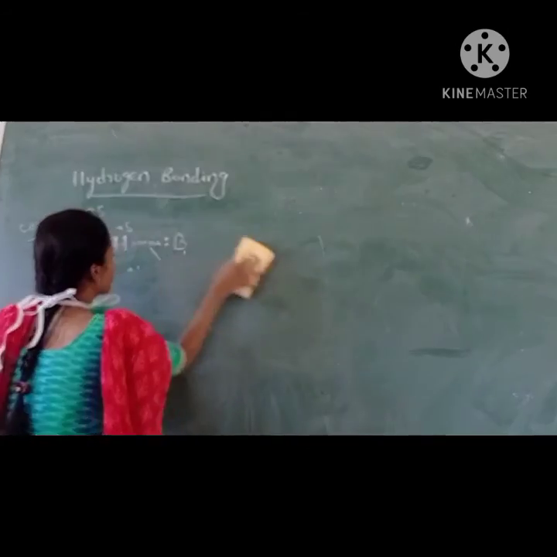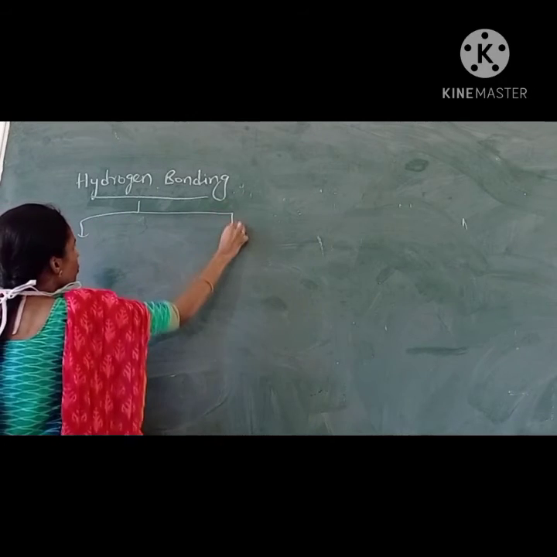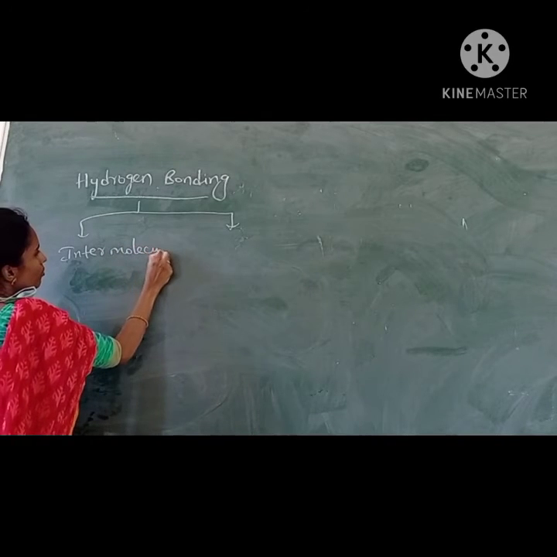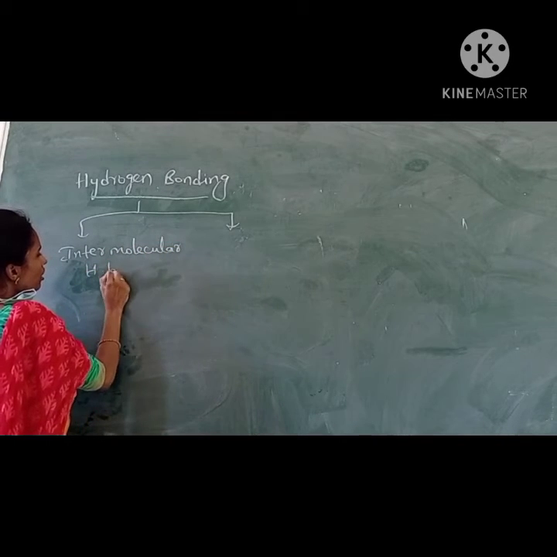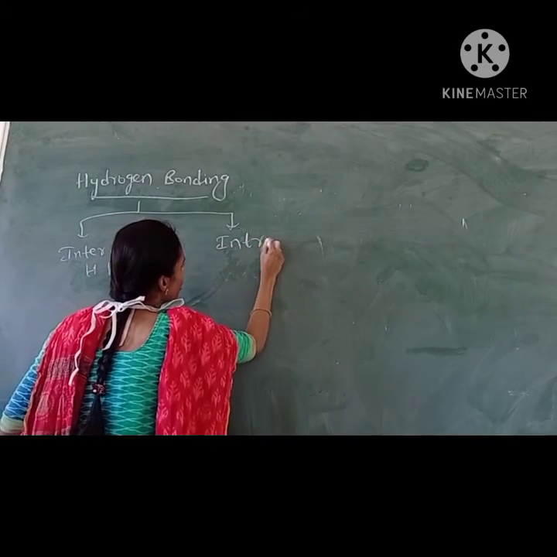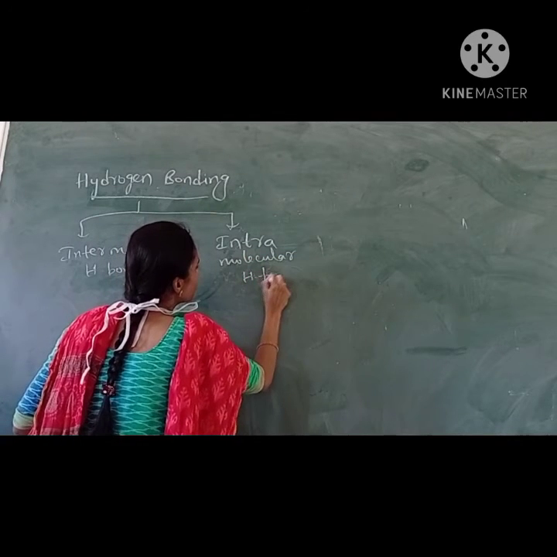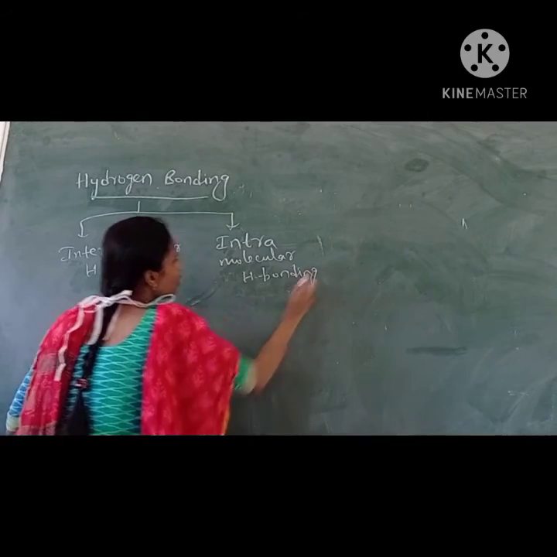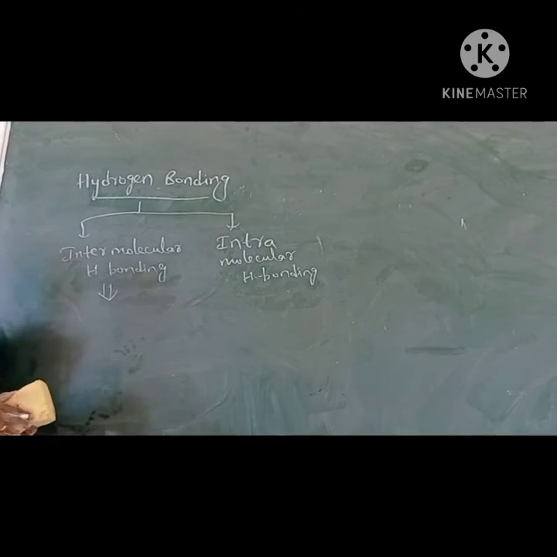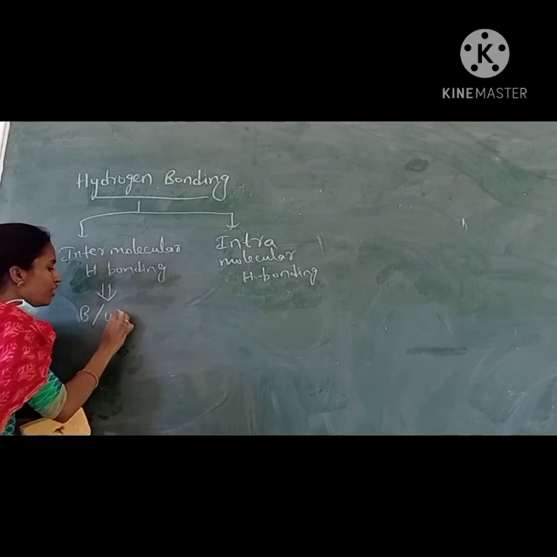Next, types of hydrogen bonding. Hydrogen bonding is of two types: intermolecular hydrogen bonding and intramolecular hydrogen bonding. Intermolecular hydrogen bonding means hydrogen bonding formed between molecules.